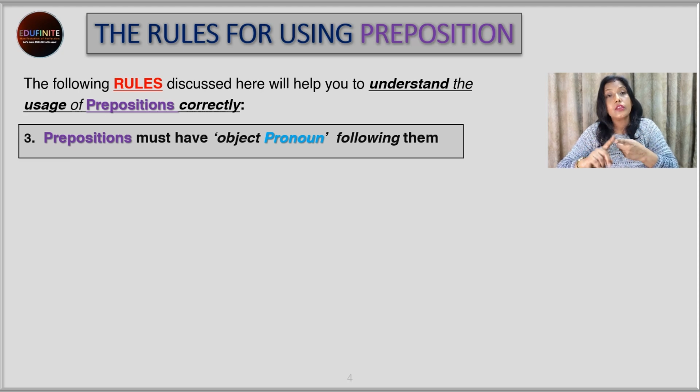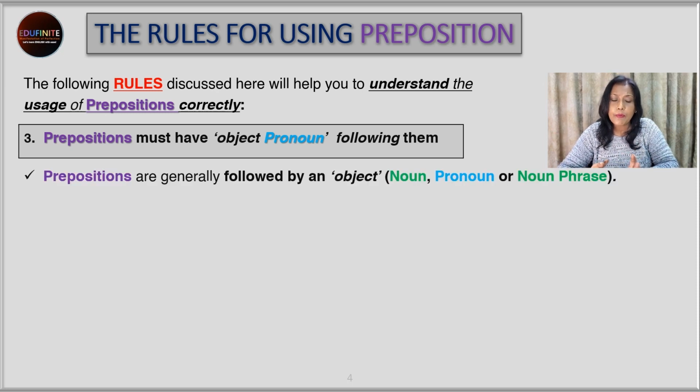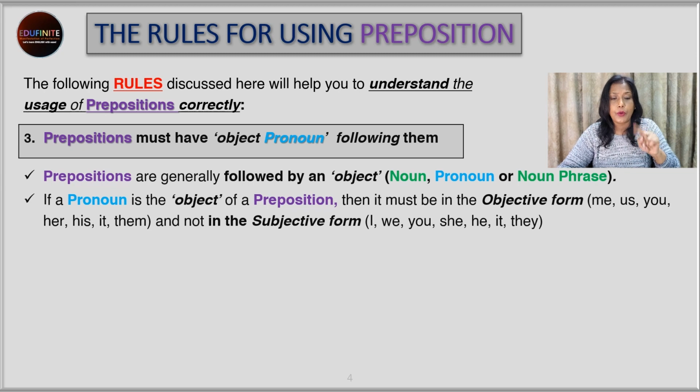But the pronoun that will follow a preposition will always be in the objective form, or you can call it an object pronoun. So prepositions, we know this rule, are generally followed by an object, that is noun, pronoun, or noun phrase. If a pronoun is the object of a preposition, then it must be in the objective form.